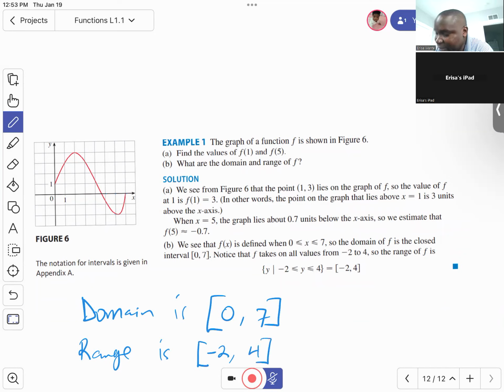And this plot you are seeing here is a plot of x's and y's such that x is from 0 to 7, and y ranges from -2 up to +4. We'll understand this more in the next part, but that is a brief introduction I wanted to give you about functions.